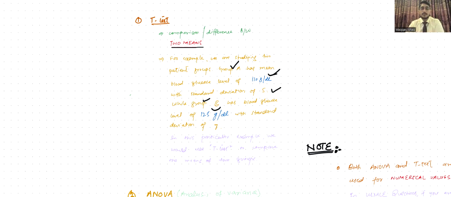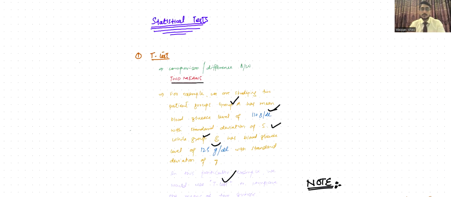The answer is we're going to use t-test. So it's pretty simple related to step one: when you have a question and they're doing a study between two groups and they give you mean values of those two groups and they ask which test is used, t-test is going to be used in this case.